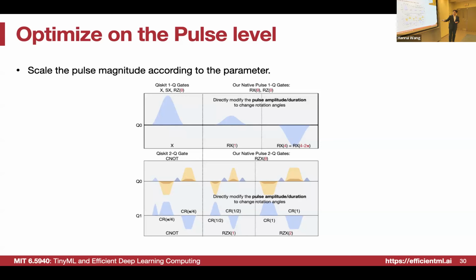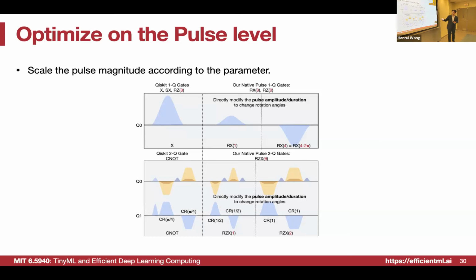Then during the actual execution of the rotation X, say the X is a rotation of 180 degrees, if we just want to rotate by a smaller angle or some other number, we can actually change the magnitude from a very large one to a smaller one, because the rotation angle is in proportion to the area under the curve of this pulse signal.